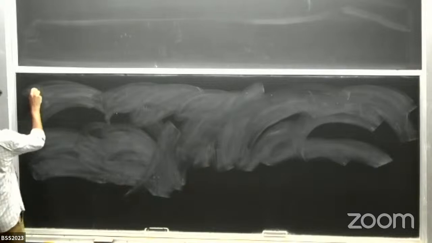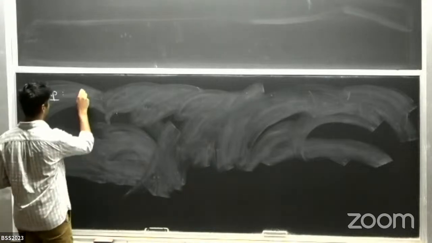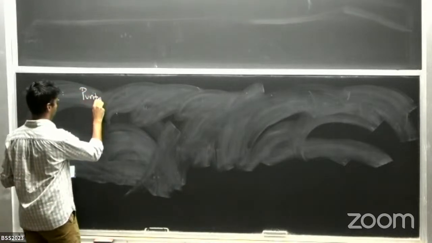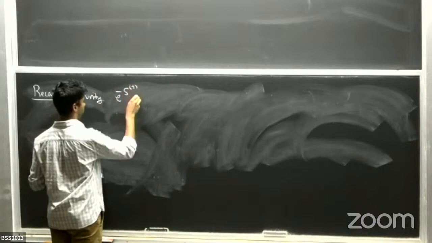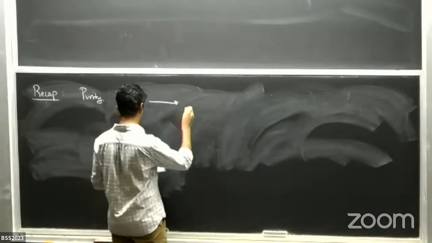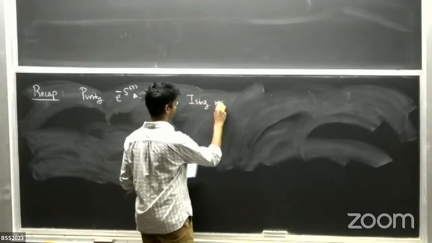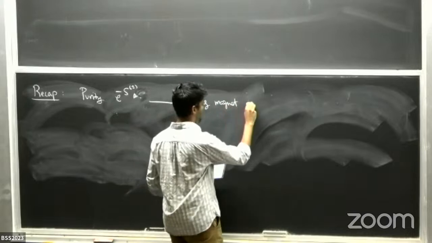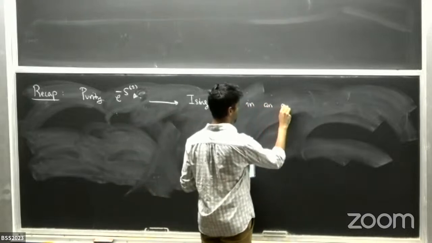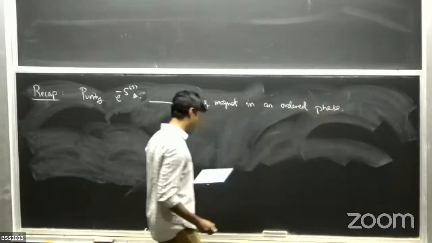So as a recap, and just to give a maybe big picture, the purity, right? So this is e to the minus S2 of A in the random circuit, was mapped, when I do the Haar average, to this Ising magnet in an ordered phase, where the Ising symmetry came from this exchange symmetry of multiple copies of the system.